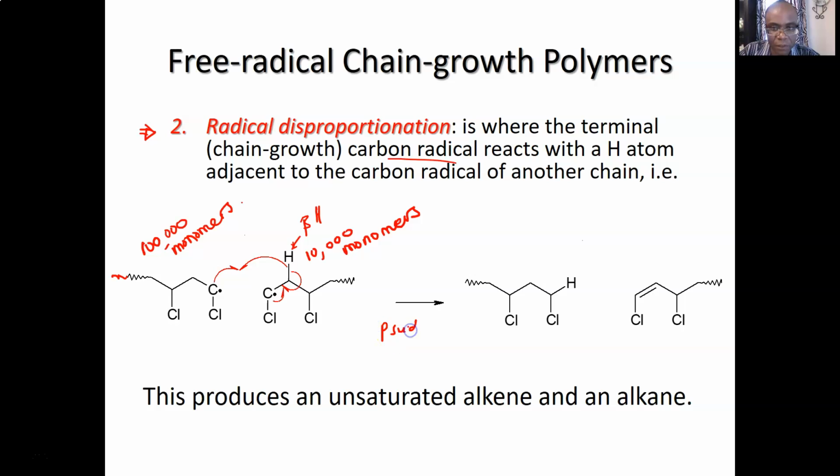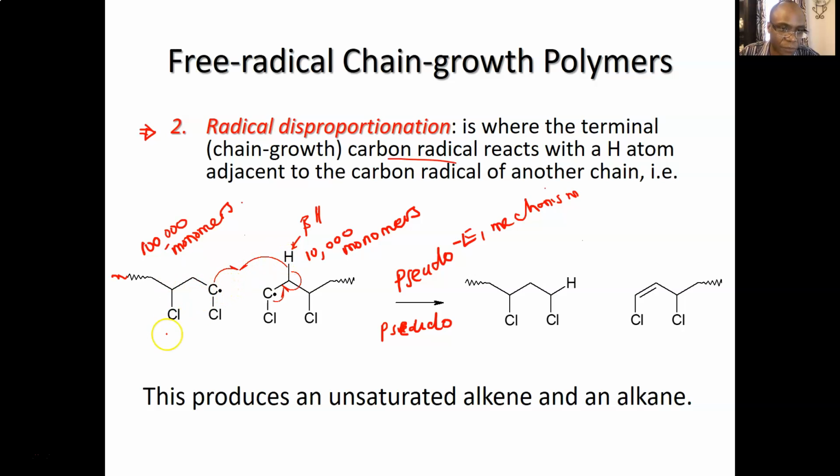In fact, we would call it a false E1 mechanism, meaning pseudo, because we don't have a carbocation, so it's false, but it looks like an E1 because you're ending up with a double bond. So this polymeric compound can be used to take out this hydrogen.